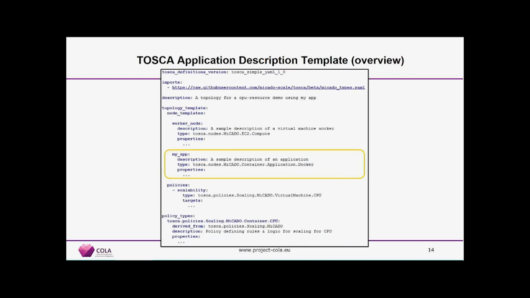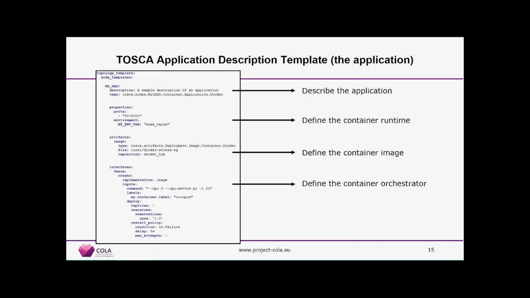The next thing we'll look at is a bit more in depth with the container itself. So this is the MyApp section we're on now. Again, it's not too dissimilar from what we just created with the virtual machine. We have the metadata section and the type specification up top. So that actually describes what this application is going to be. We then need to define what we're calling here the container runtime.